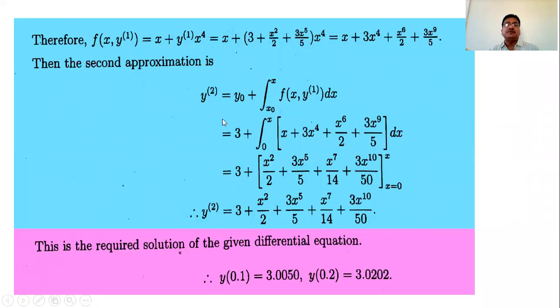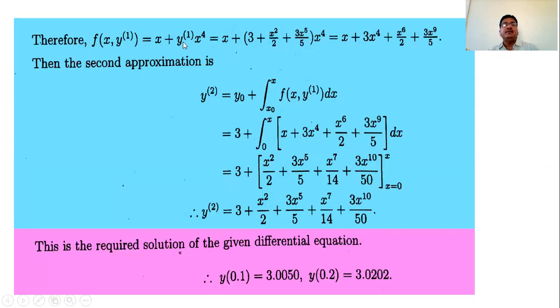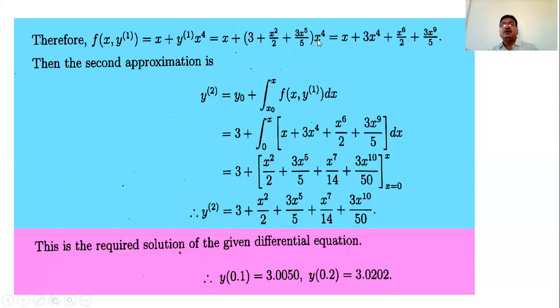Similarly, for the second approximation, y2 is y0 plus the integral from x0 to x of f(x,y1). What is the value of f(x,y1)? It is x plus y1 x raised to 4, because f(x,y) is x plus y x raised to 4. Writing y as y1, y1 is this: 3 plus x square by 2 plus 3 x raised to 5 by 5, into x raised to 4.